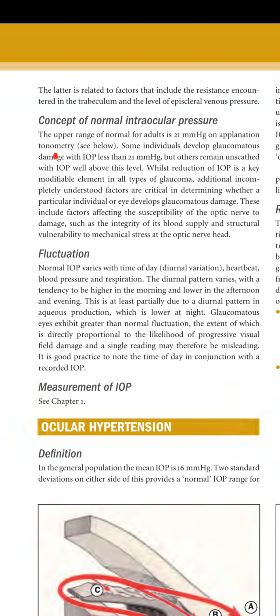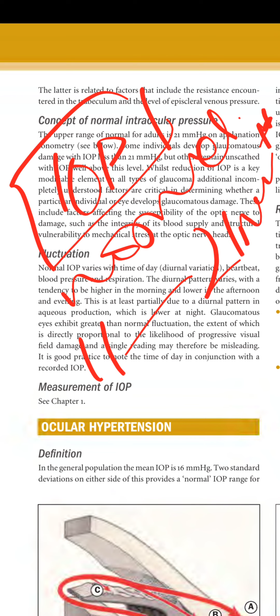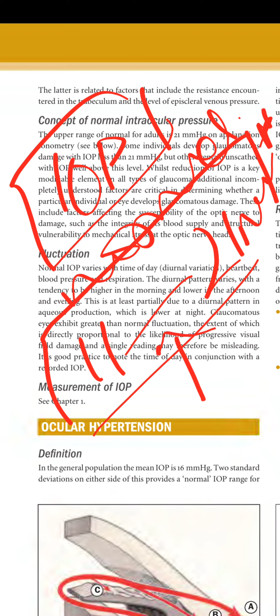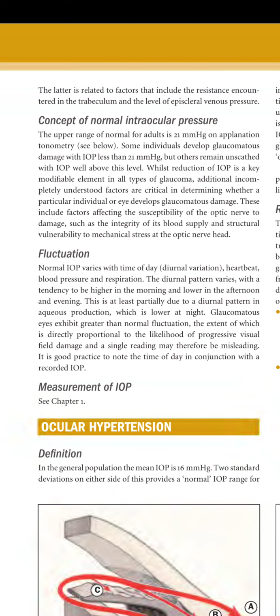So basically it is giving us the concept of the normal intraocular pressure. Generally we consider the normal intraocular pressure between 11 to 21 millimeter mercury, but it is just a demographic based reading. Some people even show glaucomatous damage at a pressure less than 11, and some will not even show the damage at greater than 21.